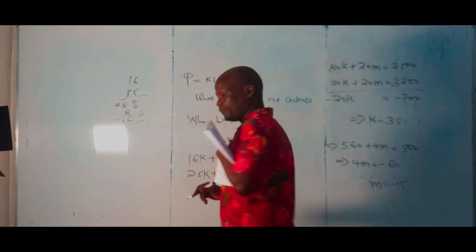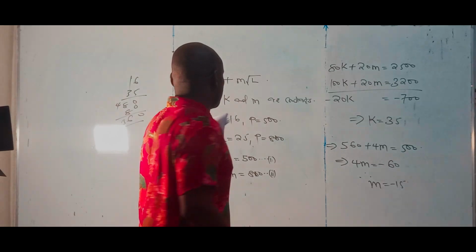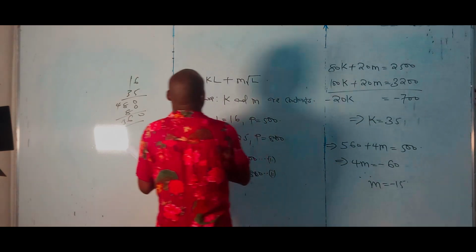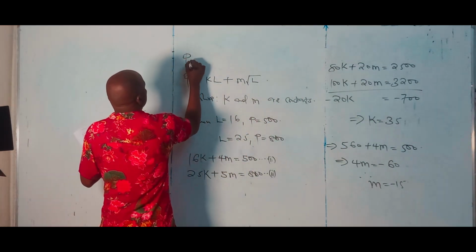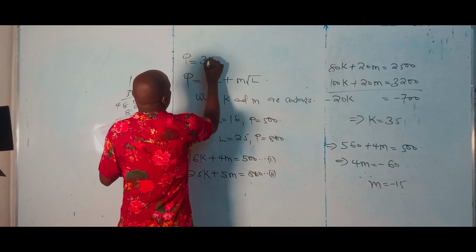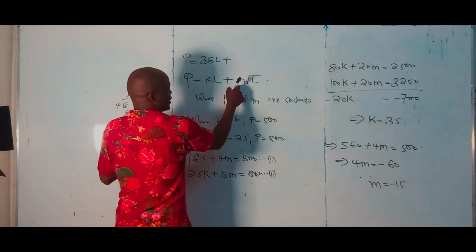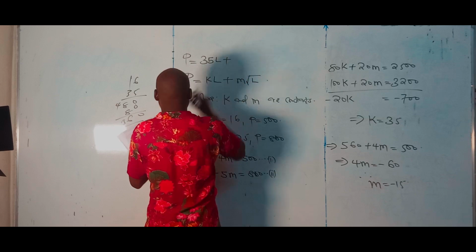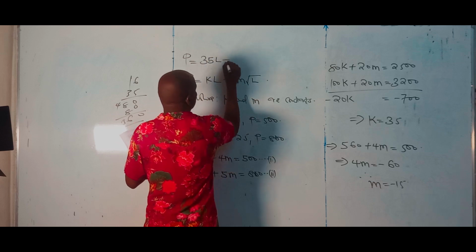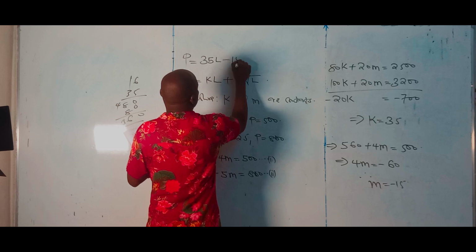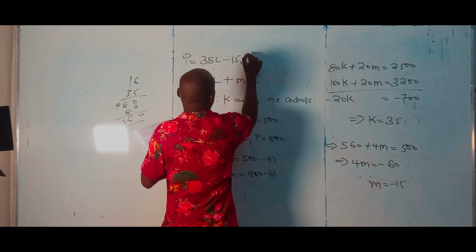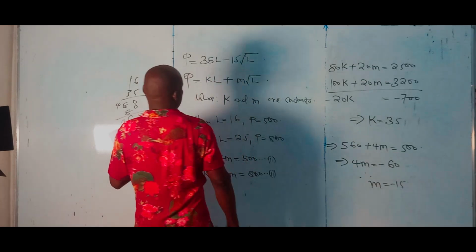M is minus 15, and K is 35, so I can completely specify P. P is therefore 35L, plus, minus actually, not plus now, it's minus 15 root of L. That is our answer.